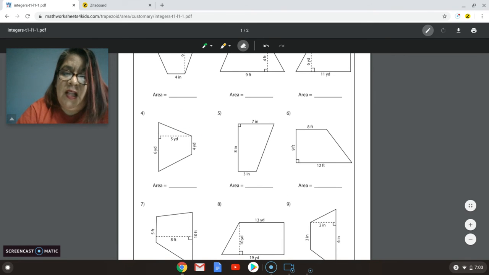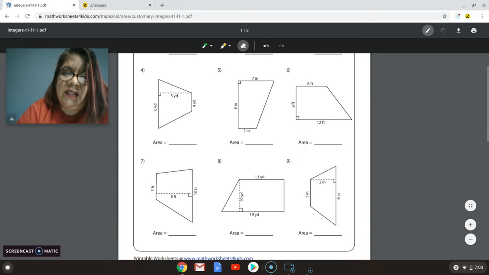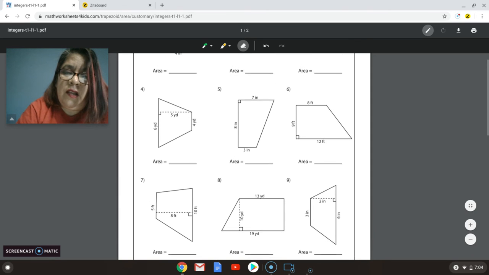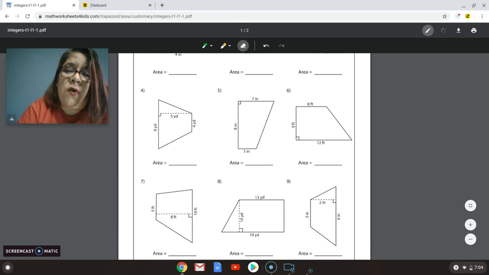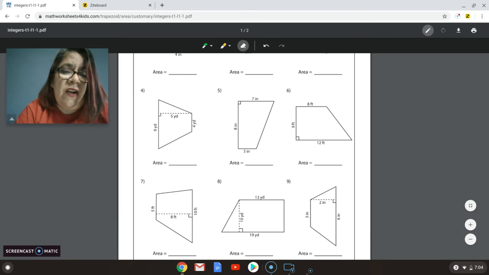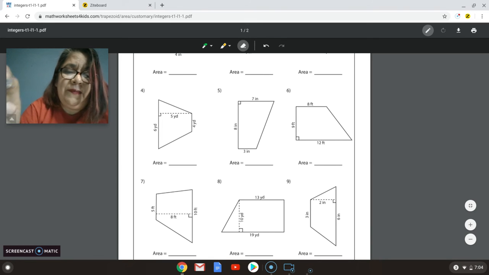Okay, let's look at problem number 5. Identify on problem number 5 what the height of this figure is. Good job. So what is the formula for area of a trapezoid again?